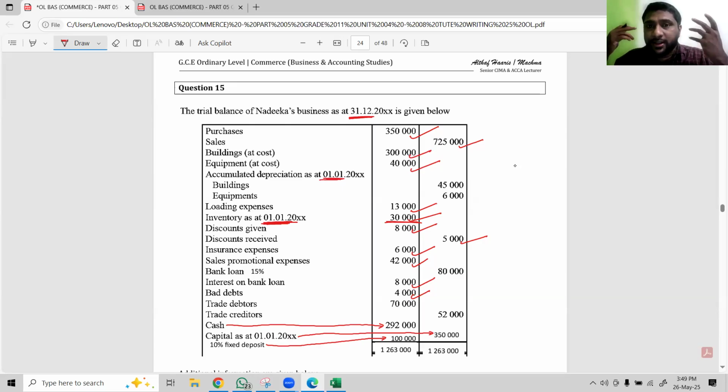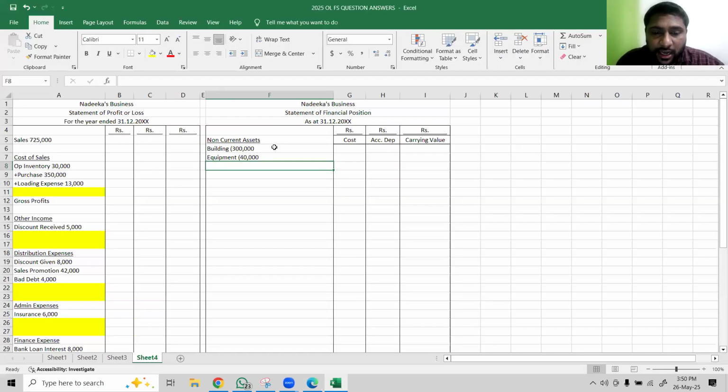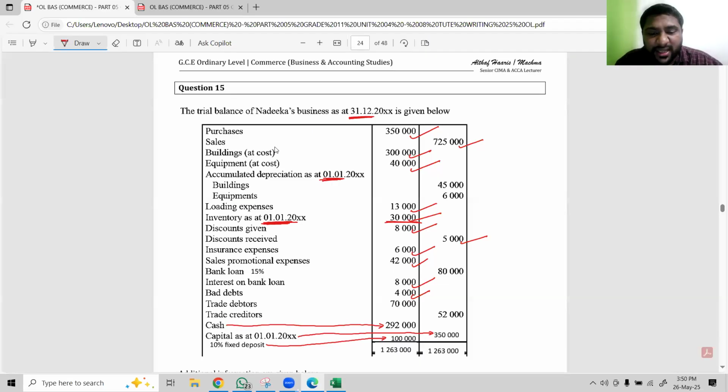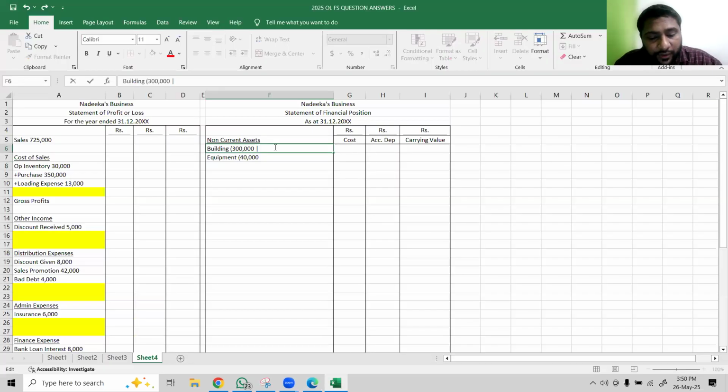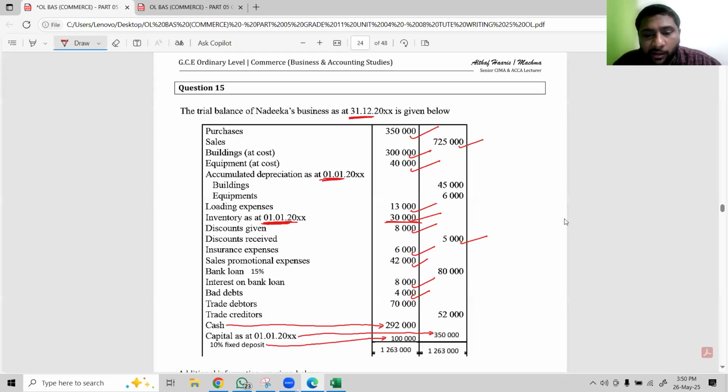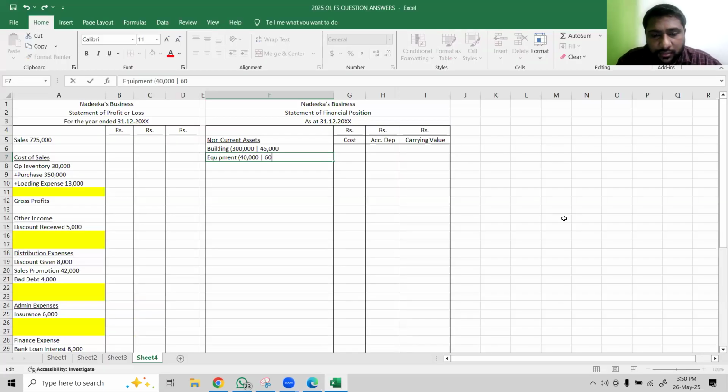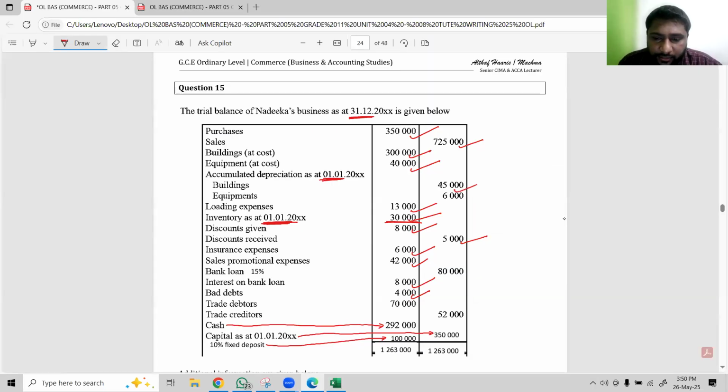So I'll put a line for that and keep the accumulated depreciation. Building 45,000. Equipment 6,000. Done.